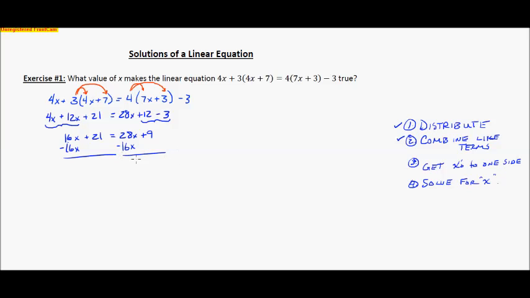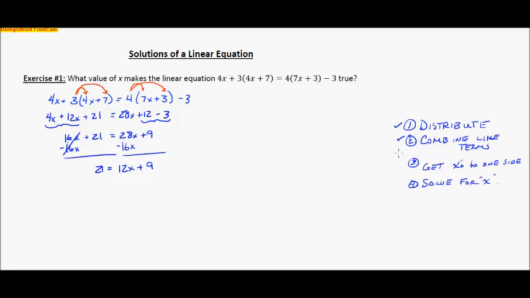So again, I put my dividers in there, not as in division, but just to space things out, make it look a little more neat. So those go away, and I bring down the 21. And 28 minus 16 is 12x, and I bring down my plus 9.